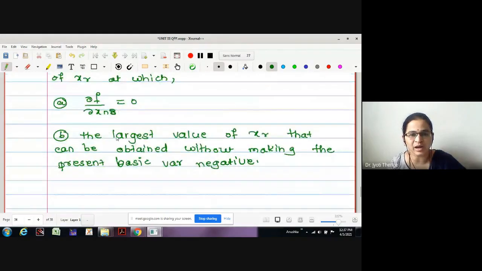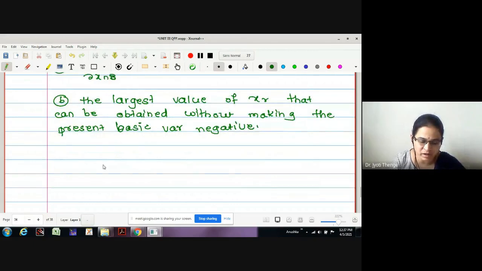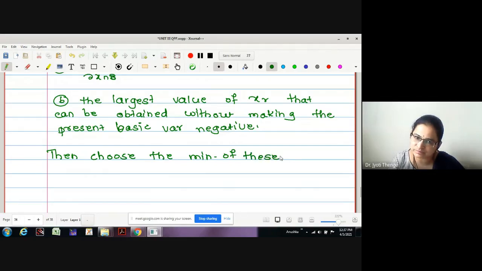Then two values we will obtain, then we will select the minimum. Choose the minimum of these two values. Why not maximum?